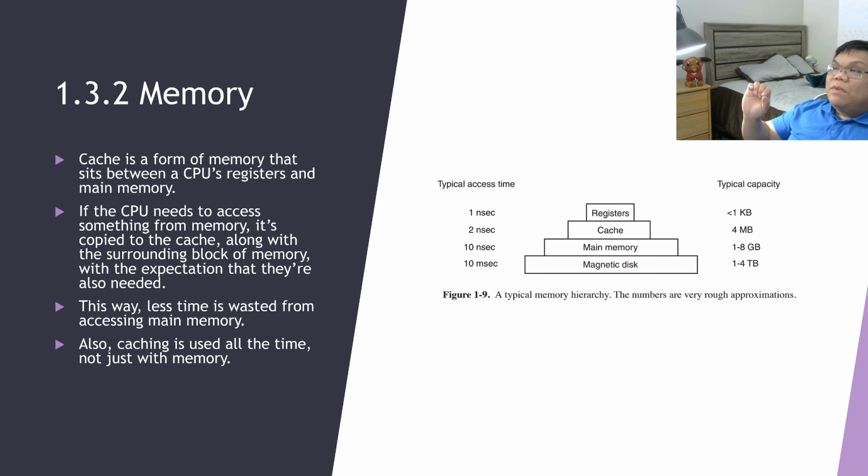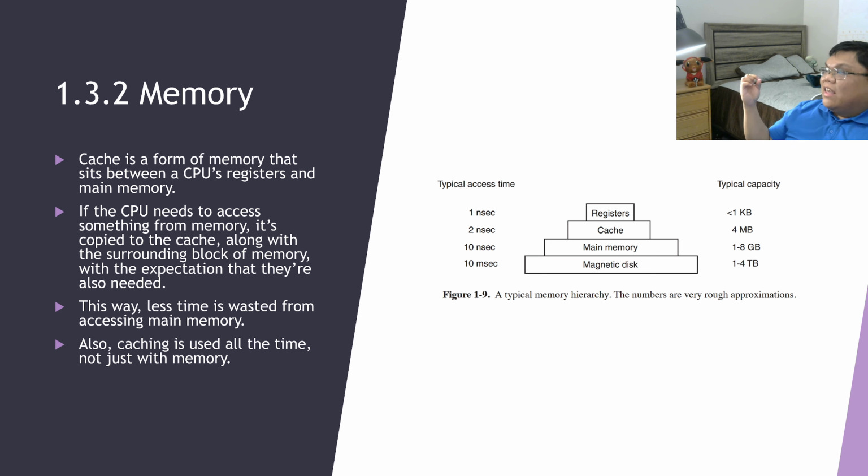If a CPU needs to read something from address 1000, it's probably going to need something from address 1001, 1002, 1003, 1004, 1005. So, instead of reading just that one value, copy the whole block over to cache, and then read that cached copy instead of reading from main memory, because reading from main memory is slower than reading from cache.